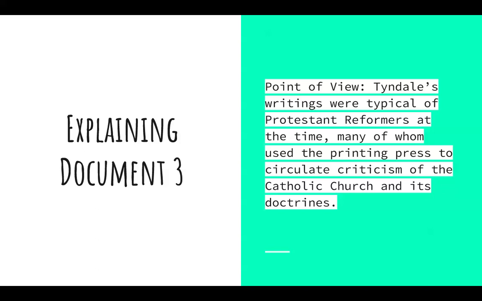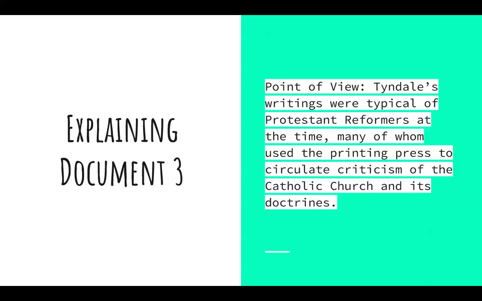And then finally, point of view, if we wanted to explain in that way: Tyndale's writings were typical of Protestant reformers at the time, many of whom used the printing press to circulate criticism of the Catholic Church and its doctrines. This is a pretty basic thing.